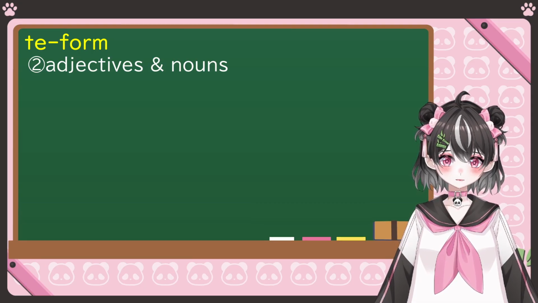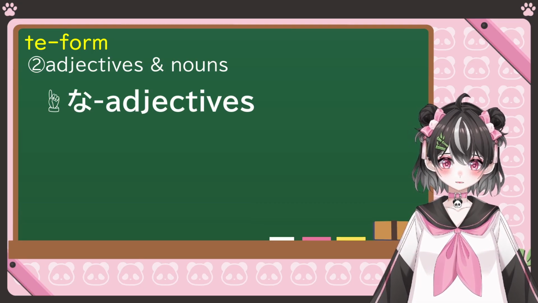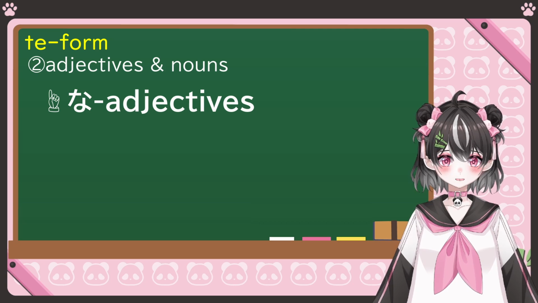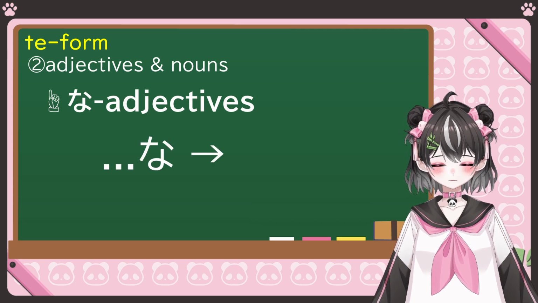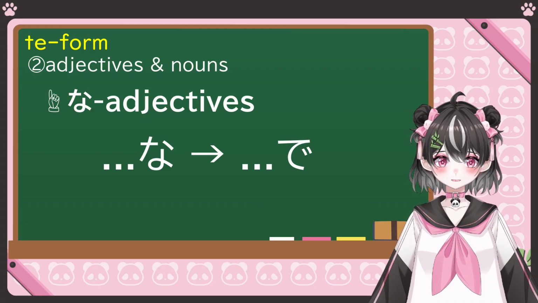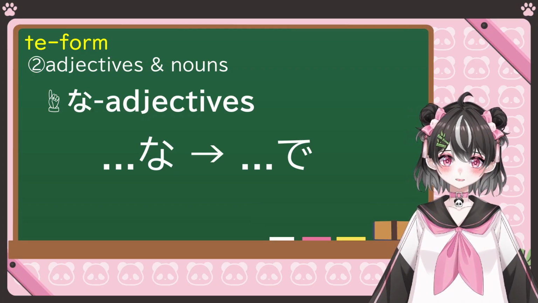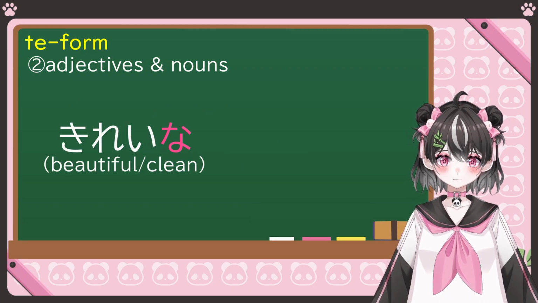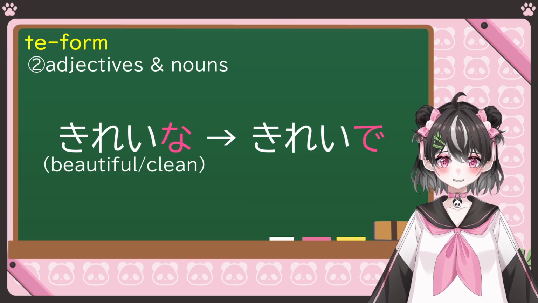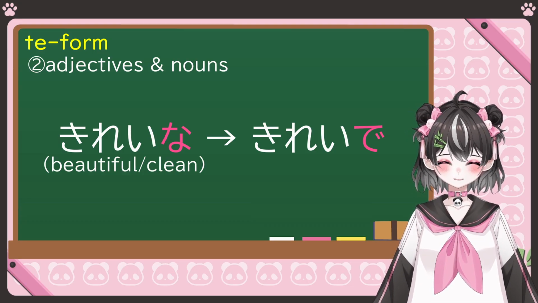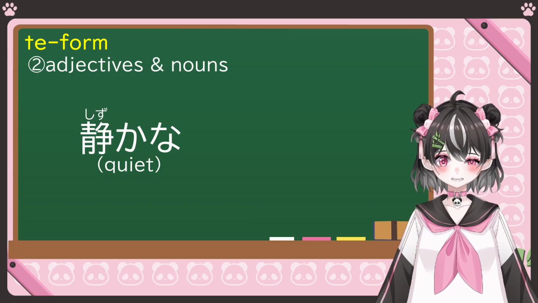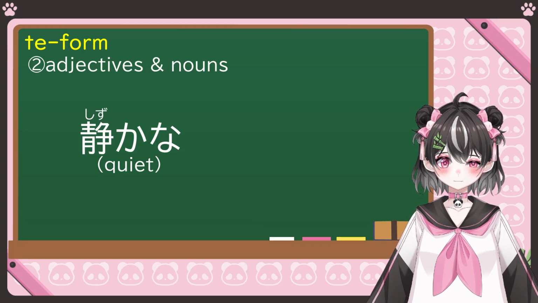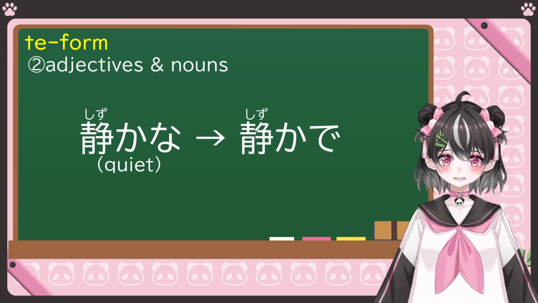Next, let's look at な adjectives. For な adjectives, you change the final な to で. For example, きれいな becomes きれいで. Then, what about 静かな? That's right, 静かで.